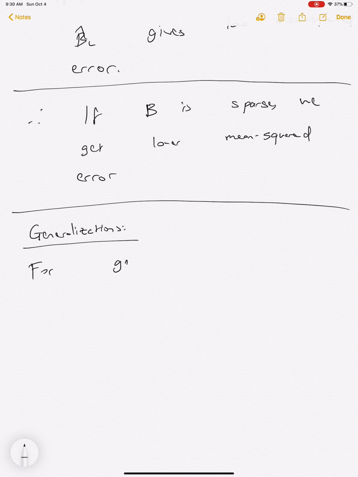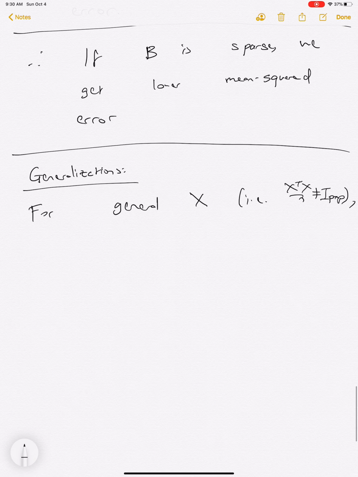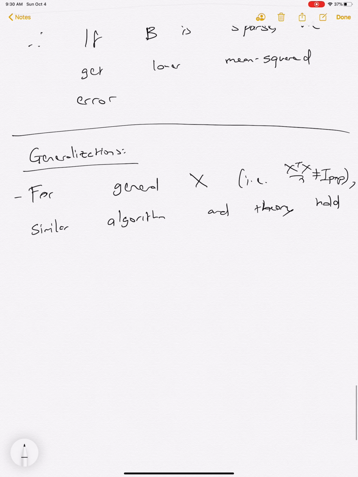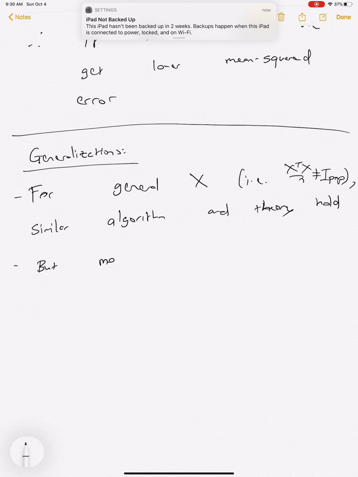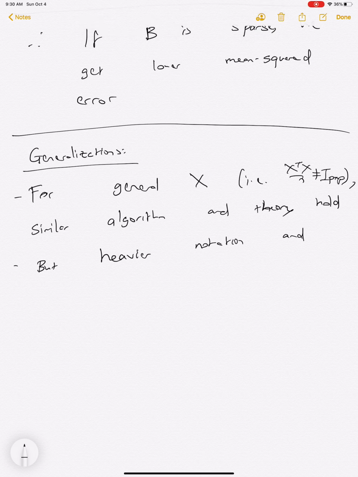For general X, if X transpose X over n is not the identity, similar algorithms and theory hold, but we have heavier notation and technicality.